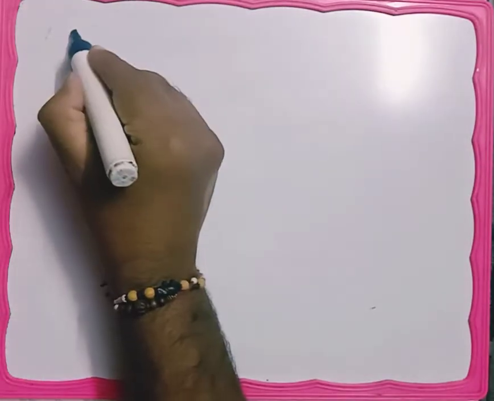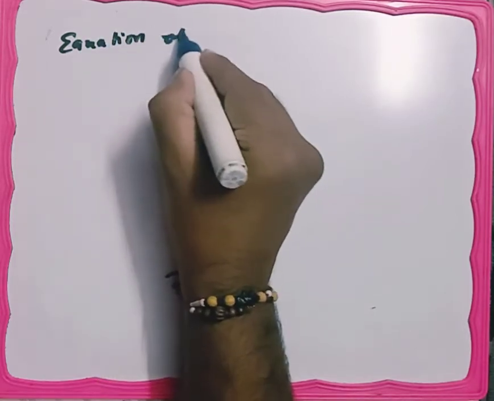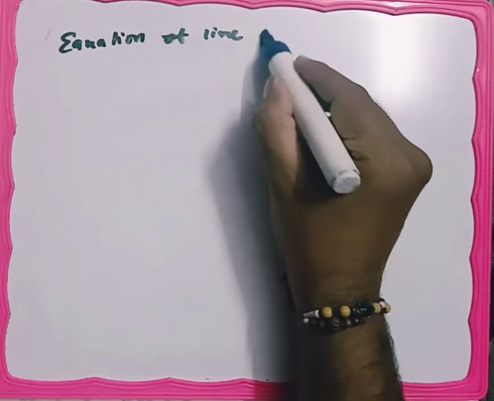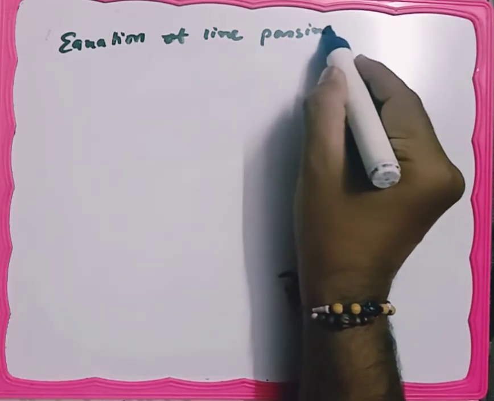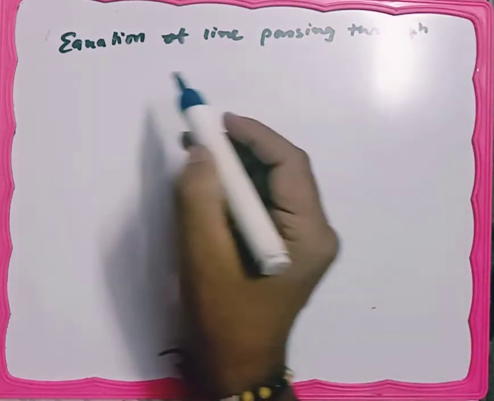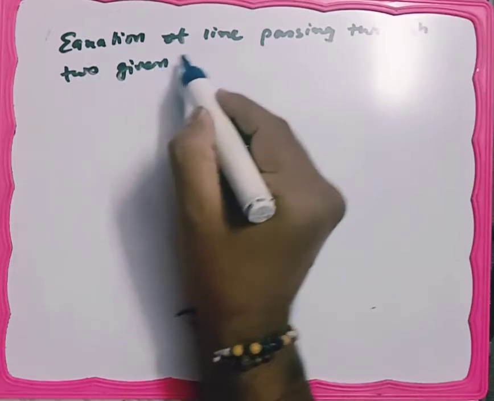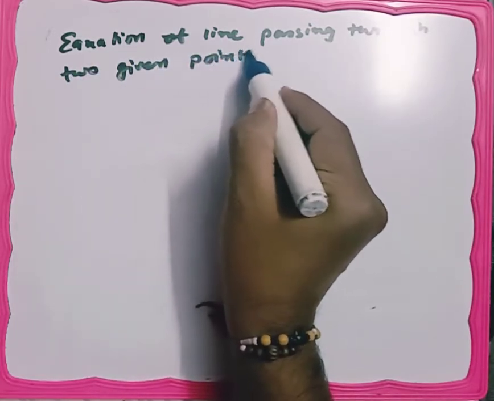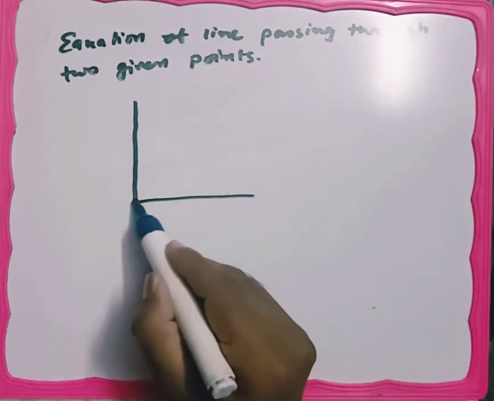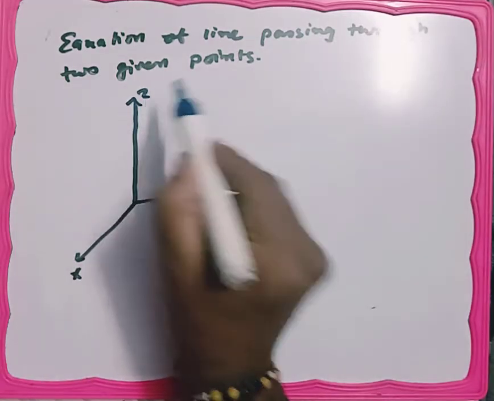Now we will see the equation of line passing through two given points. So we take the three-dimensional system: x-axis, y-axis, z-axis.